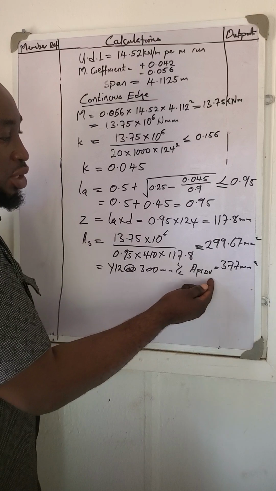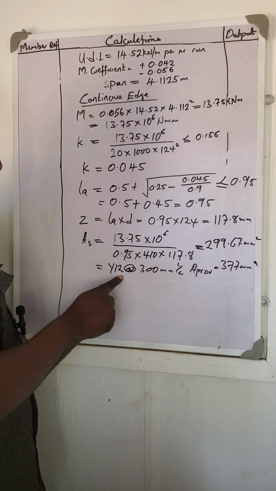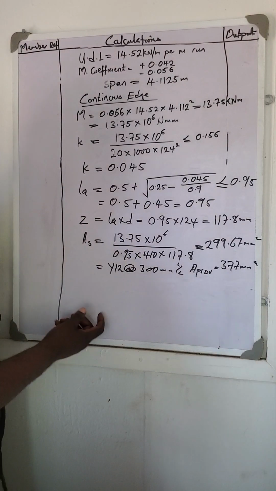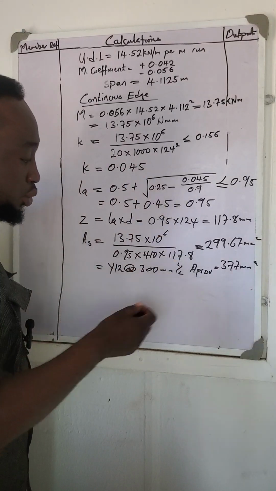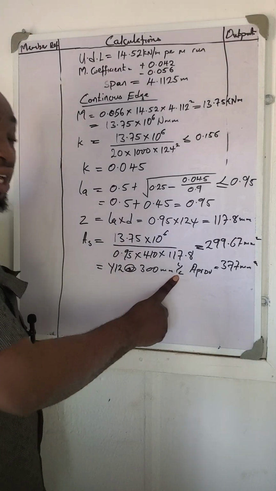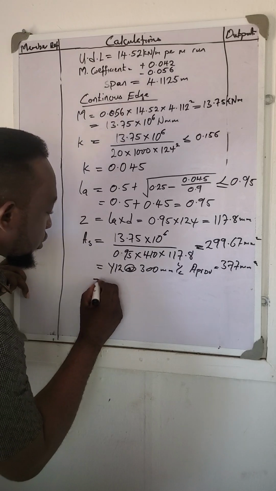So under standard setting, we are supposed to use this area, this 12 mm at 300 center to center. You see why we are talking about the cost of construction of the building. 12 mm at 300 center to center would have been cheaper than when you provide more.